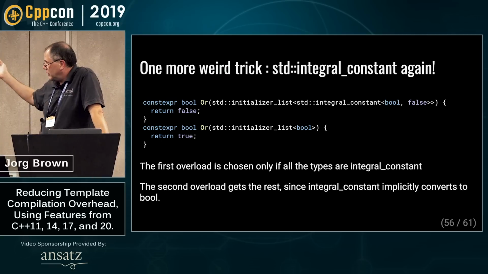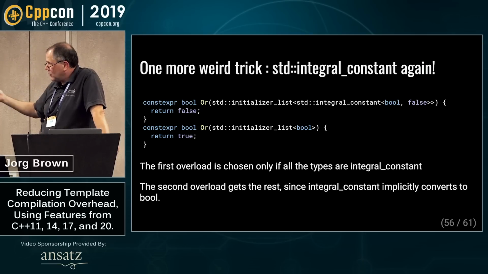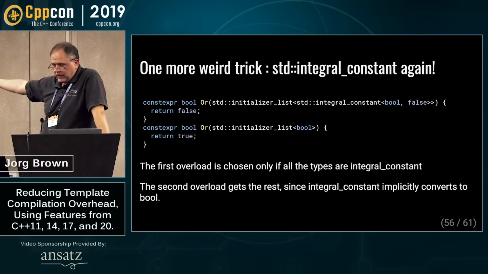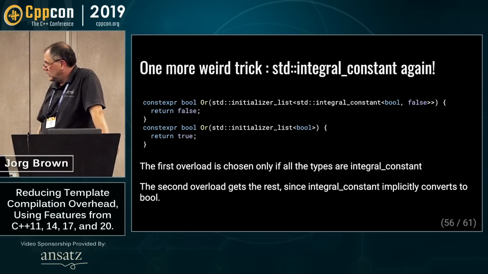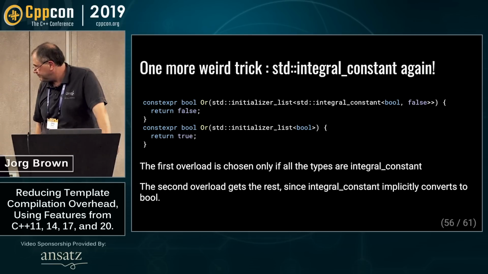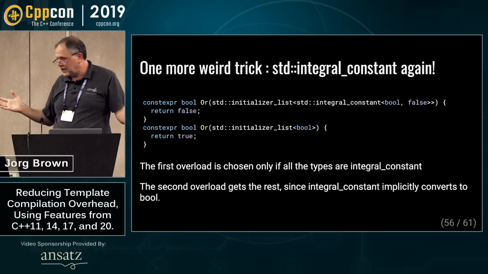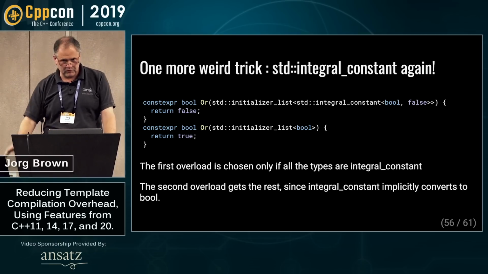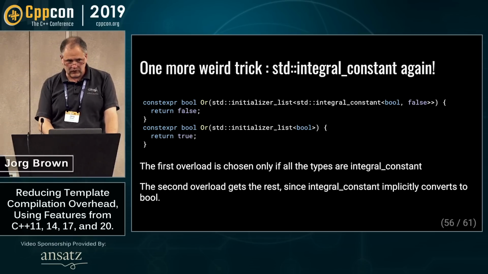So when you call this function, you'll get this first one only if everything you passed is false, and you'll get the second one if any one of the elements is true. And the great thing is, this only ever generates two functions. So it's a nice way to solve that problem, bring an O of n squared thing back down to O of 1.